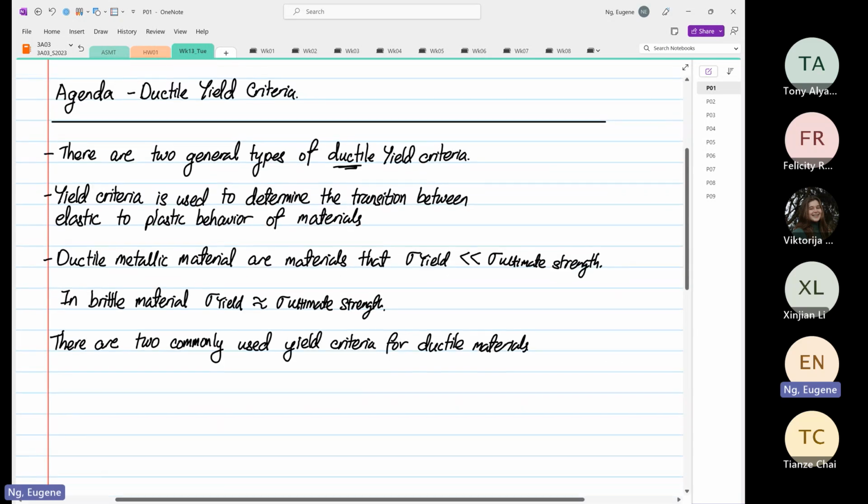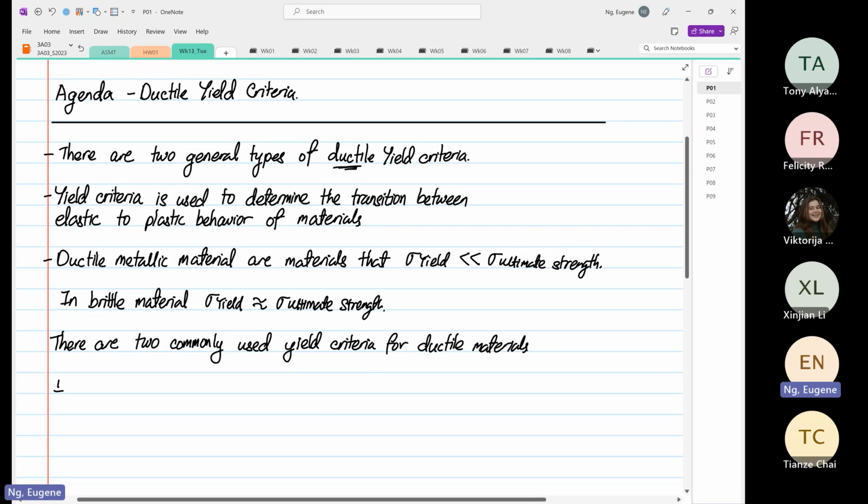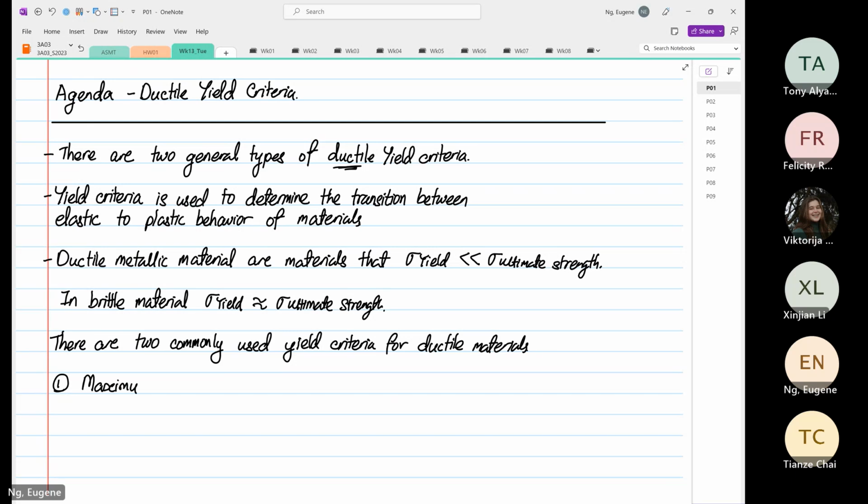The first one, which we are going to learn in detail, is the maximum shear stress criteria, commonly known as Tresca.